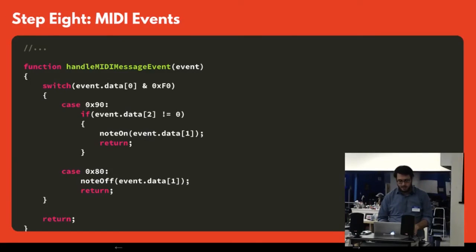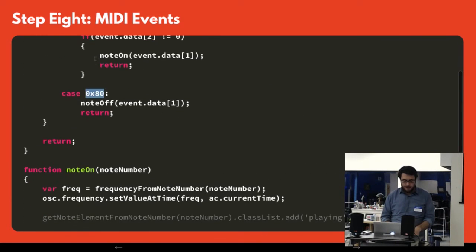To do that, I need to use some of the bitwise operators, which I don't normally use in JavaScript and don't really want to cover in this presentation, but basically I'm masking it so that I can pull out that first part of that number. And then I can check and see if it's this, and I know that's a note on event. If it's this, then I know it's a note off event. This is hex, but it's the same thing as you were seeing earlier.